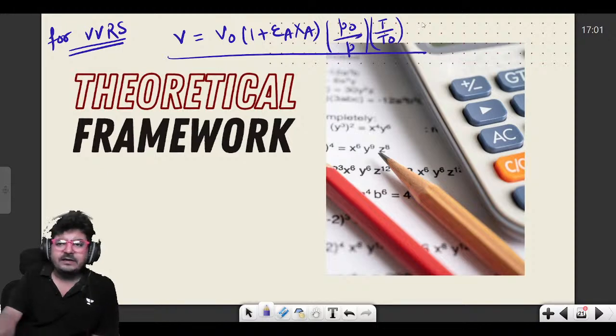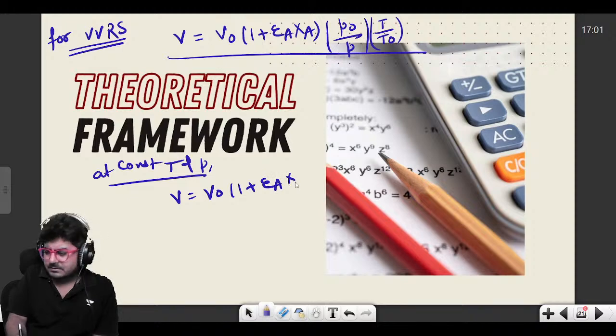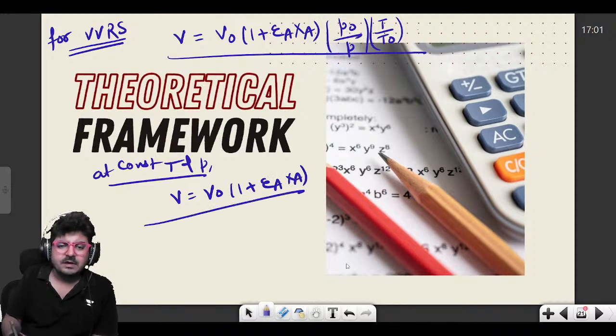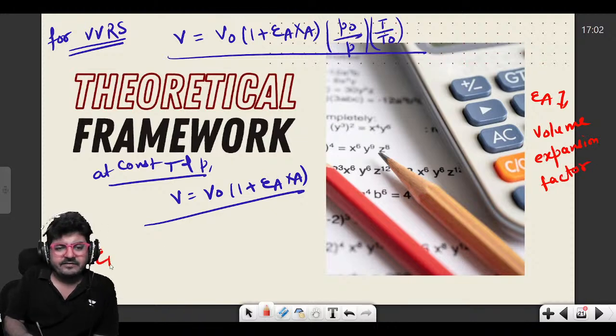Okay, and at constant temperature and pressure, the equation will reduce to V naught 1 plus epsilon A XA, like this. अब यहाँ पे जो epsilon A है, this is called volume expansion factor. And you can calculate the value of epsilon A very easily with the help of this.